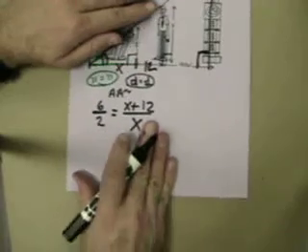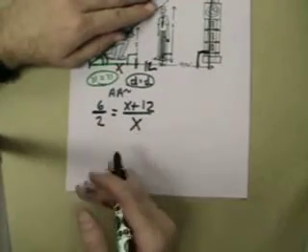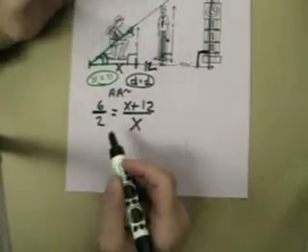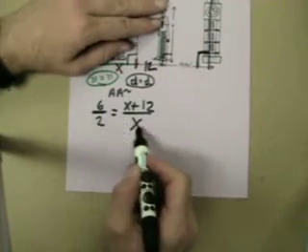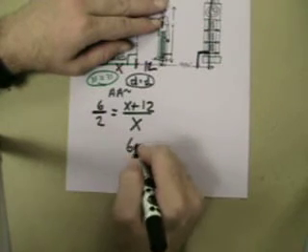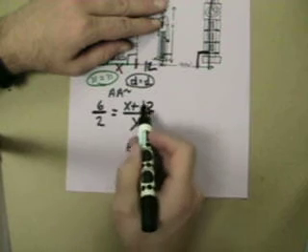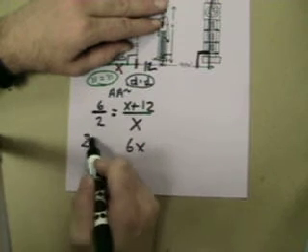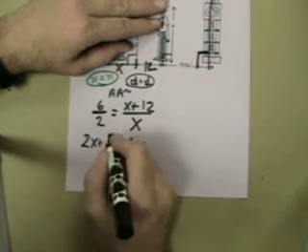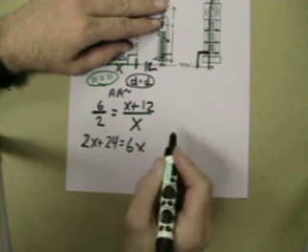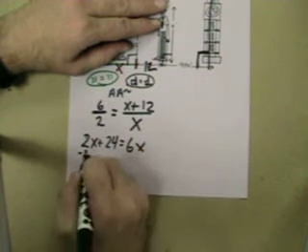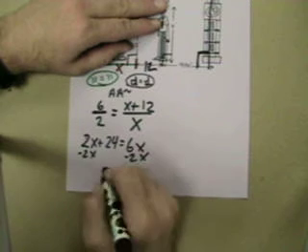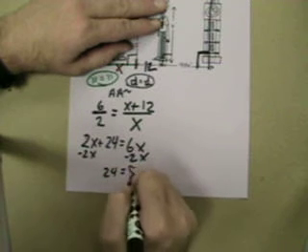Now let's cross multiply. Even though there are variables all over the place, let's see if we get something fairly easy to work with. 6 times x is 6x, and 2 times x plus 12 is 2x plus 24. Some really quick solving: 24 equals 8x.